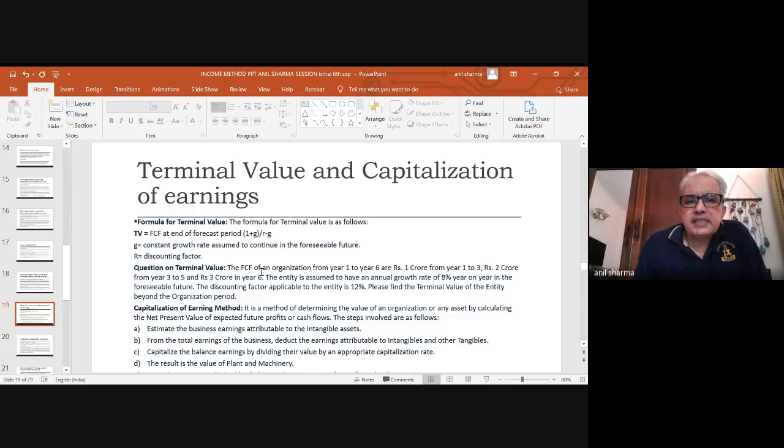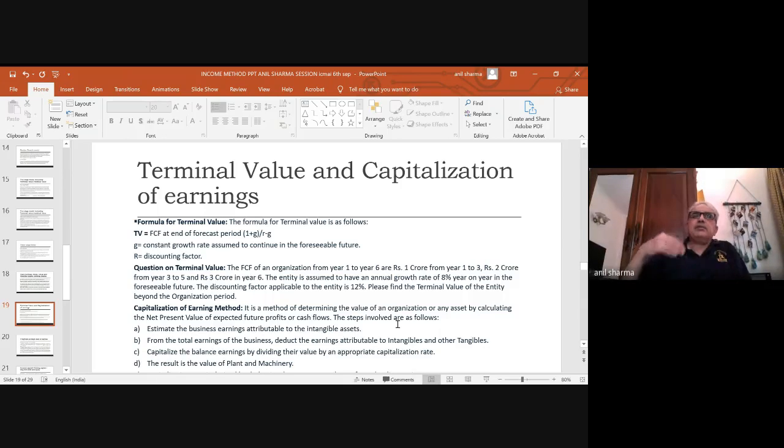So here, this is an example of a two-period model, which I've given you in the question answers also. So please try and do that, and you will be able to. So now the thing is that when you're doing this, the cash flows are being generated by the entire business.